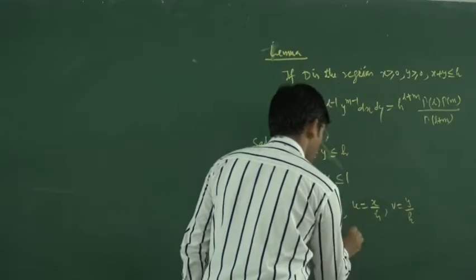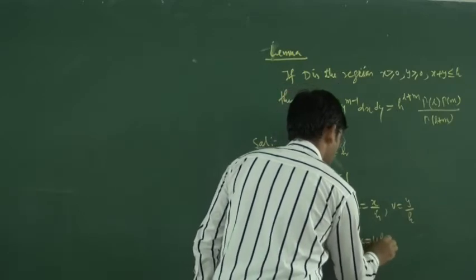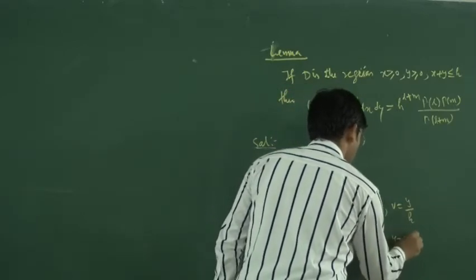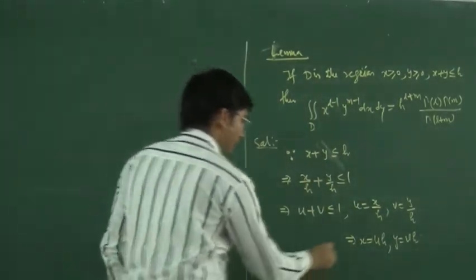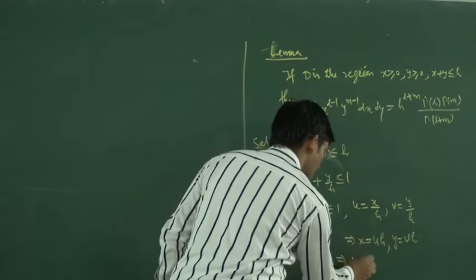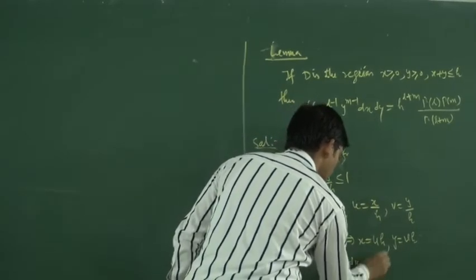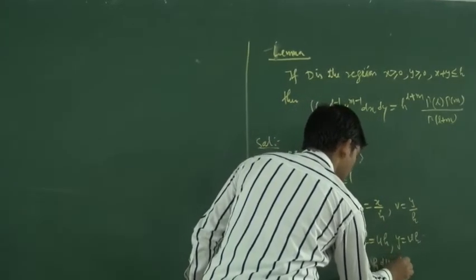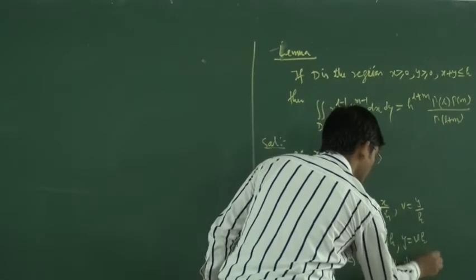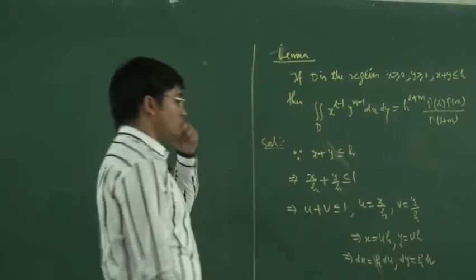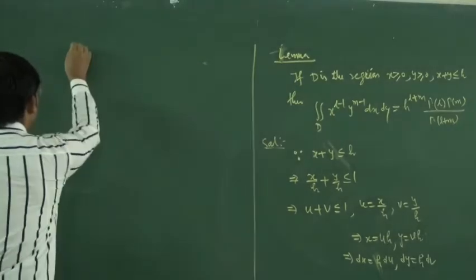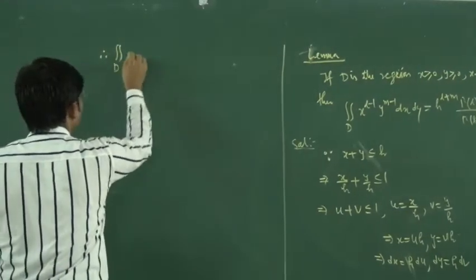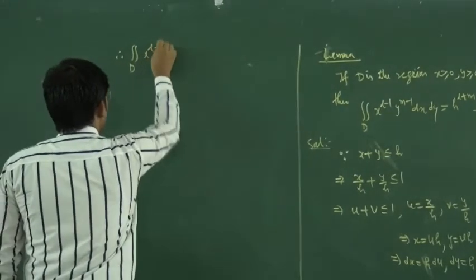So from here x equals uh and y equals vh. So here we have dx equal to h du and dy equal to h dv. So let us put these two values in the left hand side.